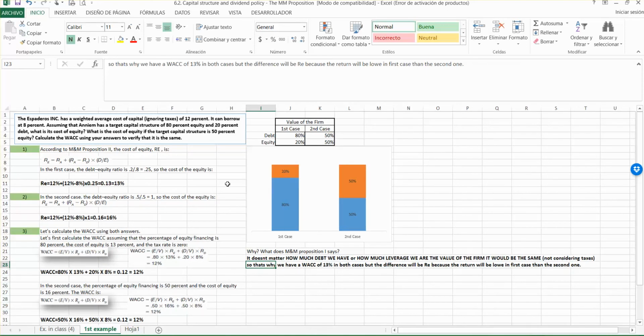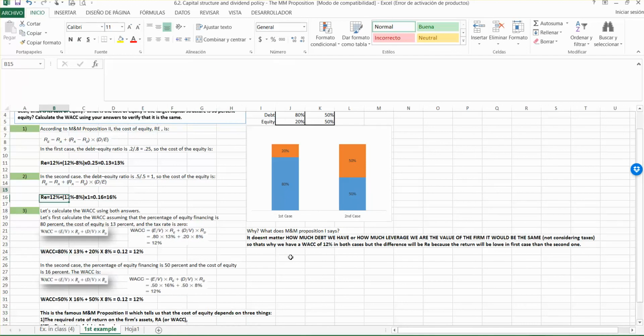I made a mistake right here. But the difference will be in the return on equity, because it will be lower if our debt equity ratio is lower than if our debt equity ratio is higher. That's what we're going to explain right now. So let's explain the example.